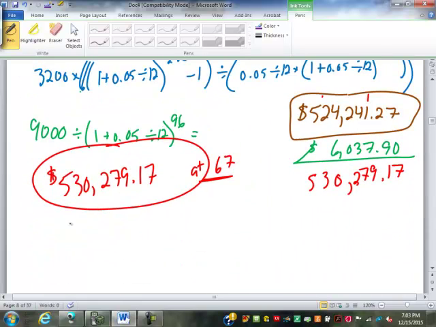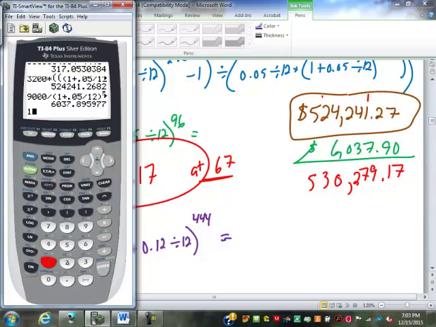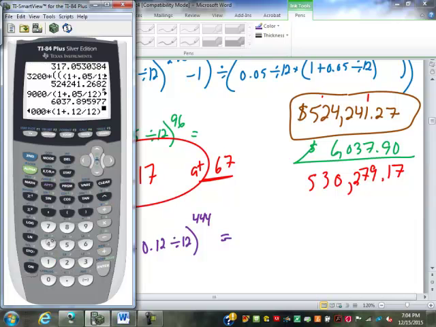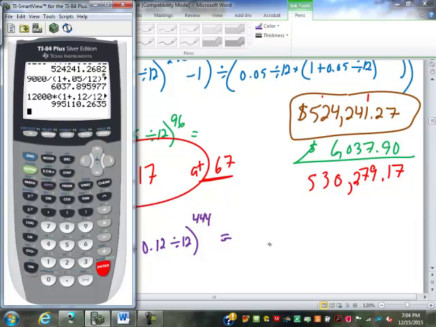So $12,000 times 1 plus 0.12 divided by 12 to the power of 444 months. That's going to be missing out of that. Giving us $995,110.26.